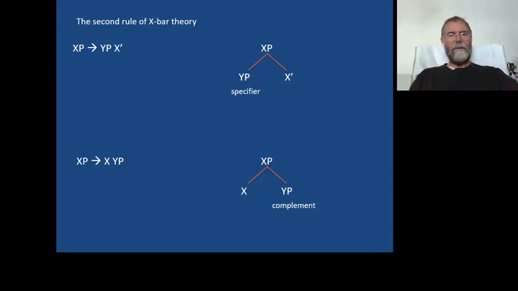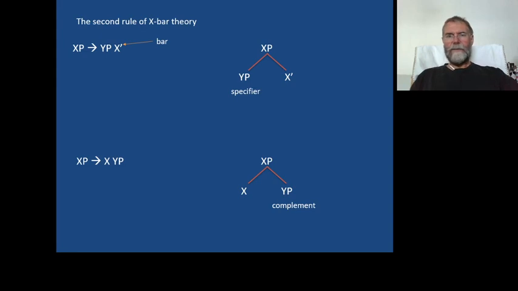The other difference we can see in this new rule is that the X to the right of the arrow has this little mark there, and that mark is the bar. So what this says is that an X phrase contains a YP, which is the specifier, and an X bar. Now, what does that mean?